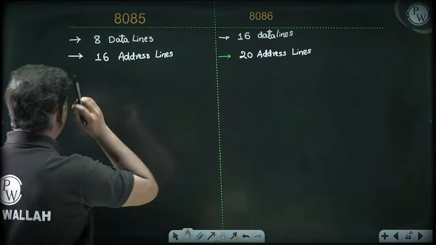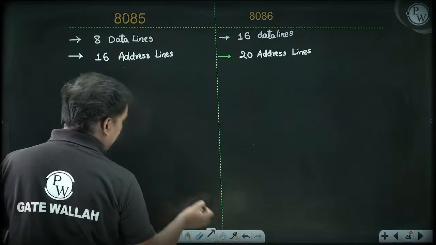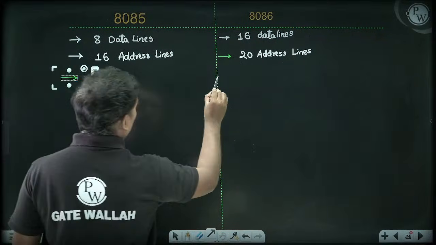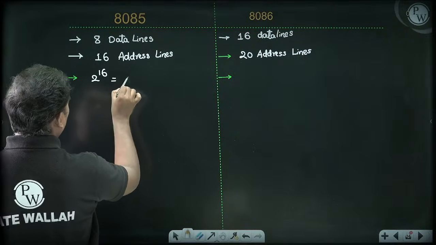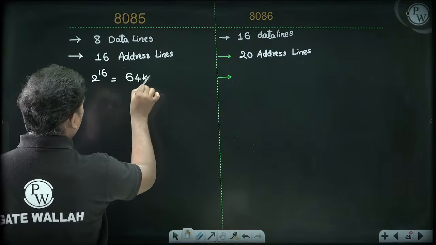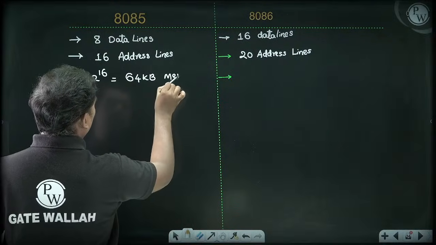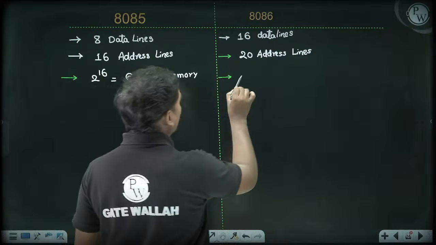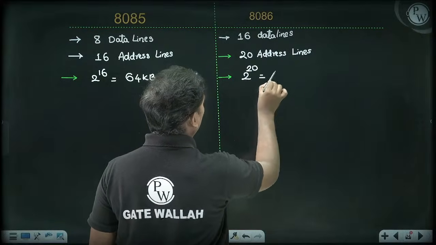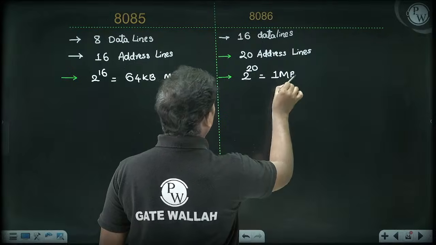Okay, so here the memory accessible is 2 power 16, that is 64 KB. But here it is 2 power 20, so that is 1 megabyte of memory accessible.